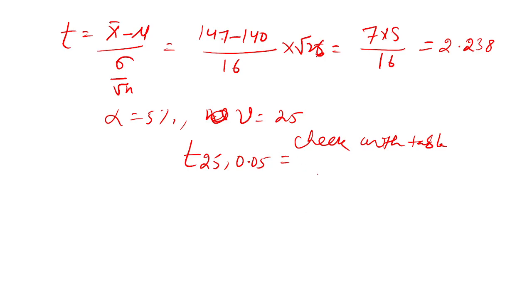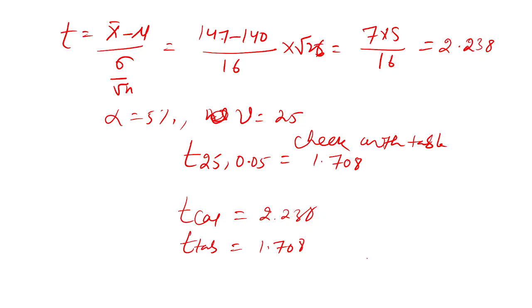From the table we got the value of 1.708. Now we have to make the conclusion. T calculated is 2.38, and T tabulated is 1.708.